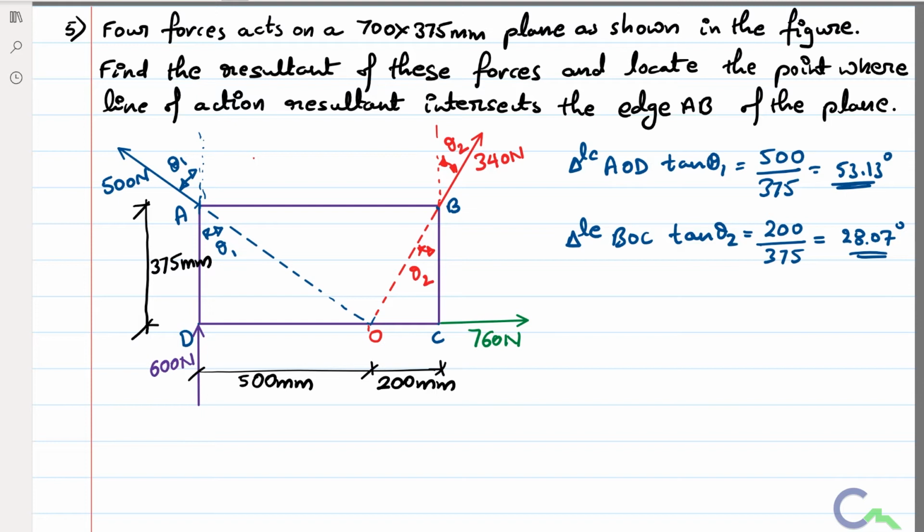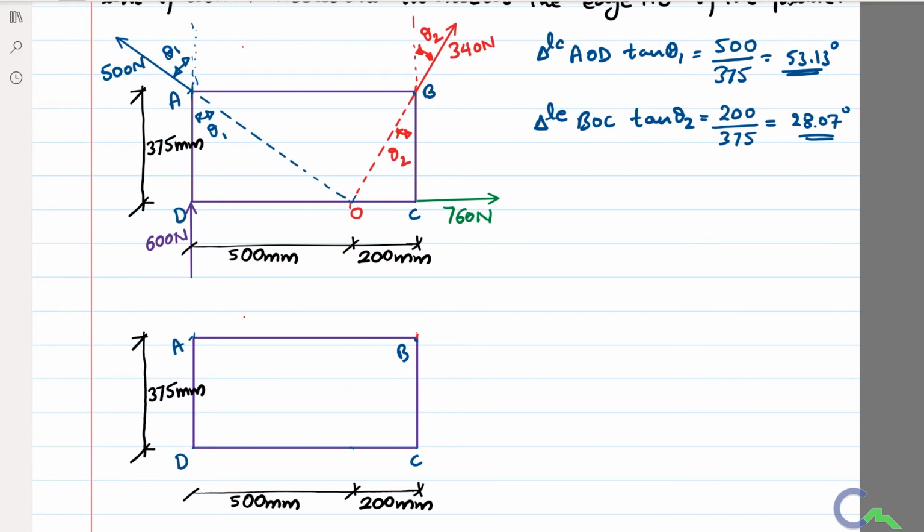Now I can resolve these forces in horizontal and vertical directions. In the figure, first I am going to take the 500 Newton force. Theta 1 is given with respect to vertical, so I am going to resolve this force first in the vertical direction, that is 500 cos 53.13 degrees. The horizontal component is 500 sin 53.13.